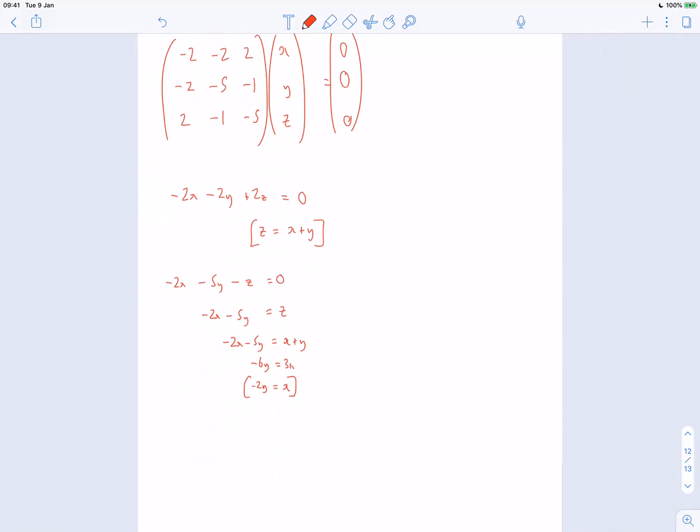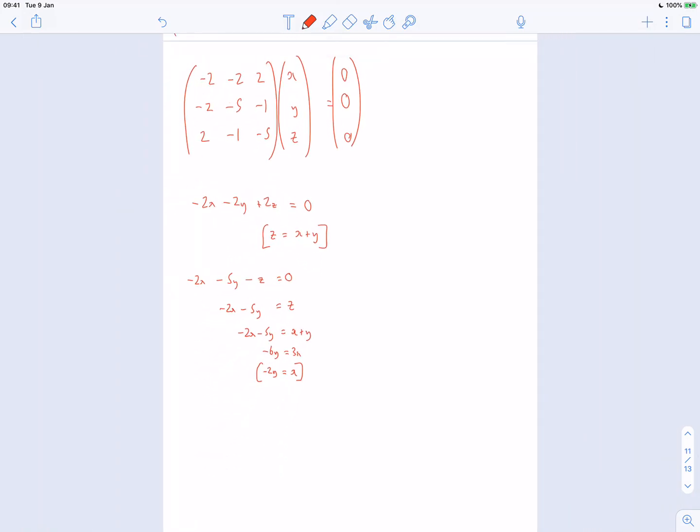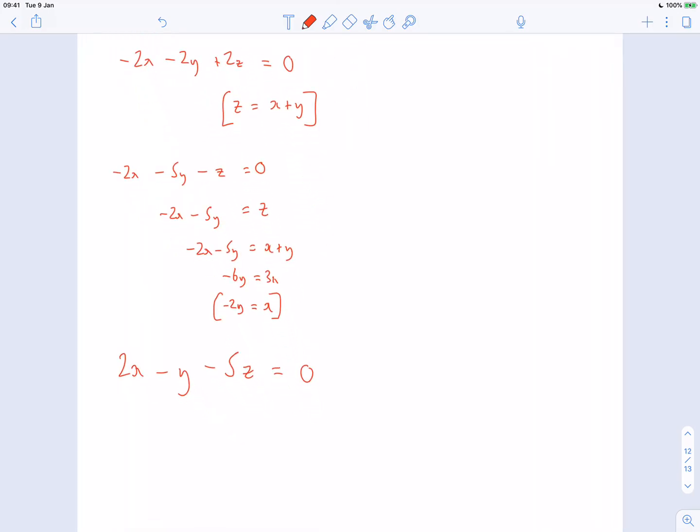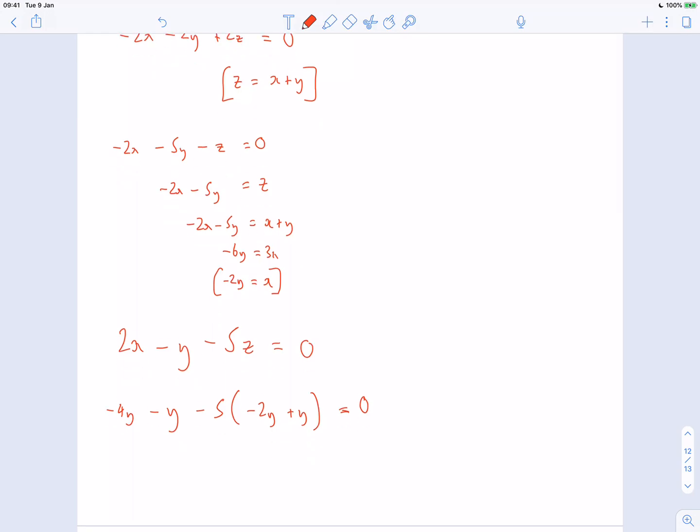That's nice. And now if I look at the bottom row, I'm going to have 2x, multiplying this out, minus y minus 5z equals 0. I know what 2x is. That's minus 2y, so 2x is going to be minus 4y. This is minus a y, and then minus 5 lots of z, which is x, which is another minus 2y, plus a y, and this equals 0. Well, this should all work out for this to be consistent.